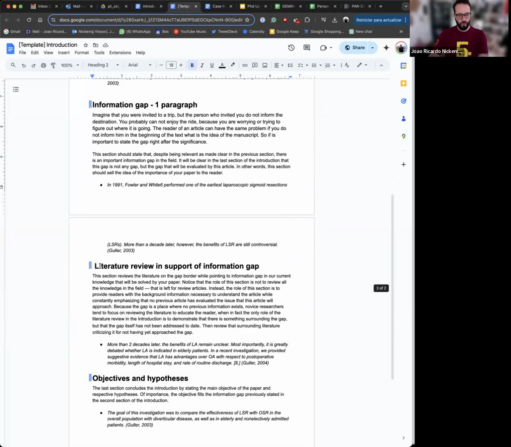Now, the literature review should always be around the gap. And on the literature review, there's something very important that I've seen people do: you always want to cite the data. You never want to cite the argument. I've seen many papers that I reviewed in the past months where people were citing in the literature review a paper that I wrote, but that never looked at that data in particular.